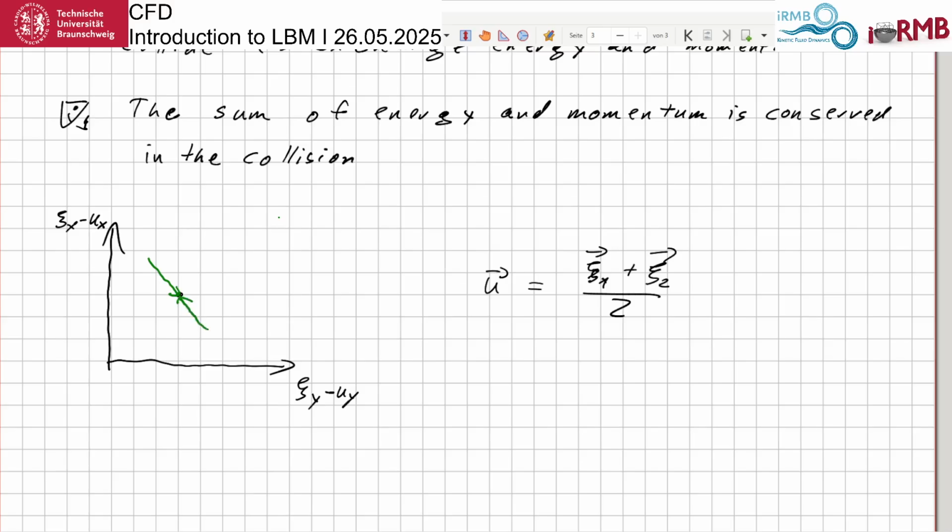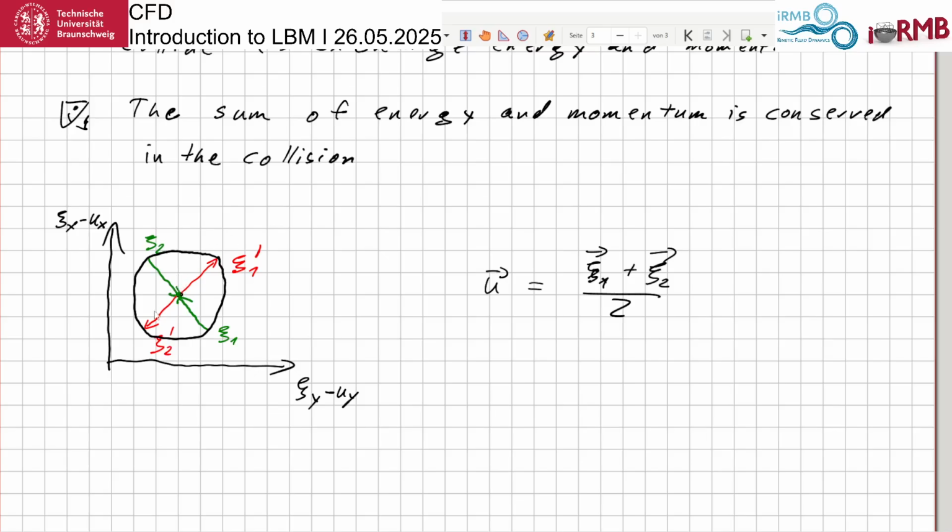Because they are two particles coming in like this, saying this here would be C1 and this here would be C2, and then they go out in another direction like this, and say this here would be C1 after the collision, and C2 after the collision, and they will be, even if this is not very nicely drawn here, on a circle in this picture.